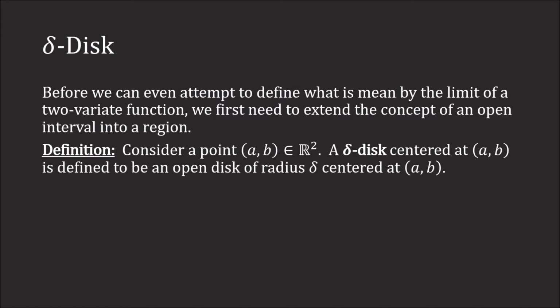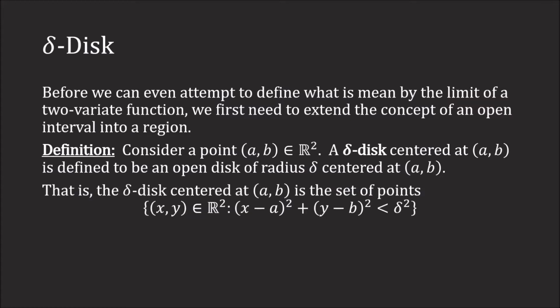So if we have a point (a, b) in R2, a delta disk centered at (a, b) is defined to be an open disk of radius delta centered at (a, b). That is, a delta disk centered at (a, b) is the set of points (x, y) in R2 such that (x minus a) squared plus (y minus b) squared is less than delta squared.